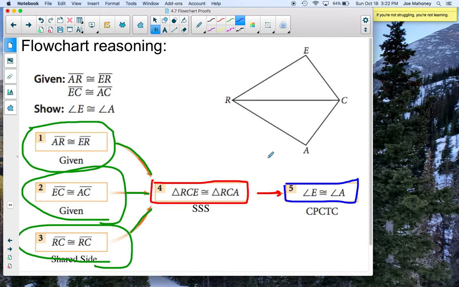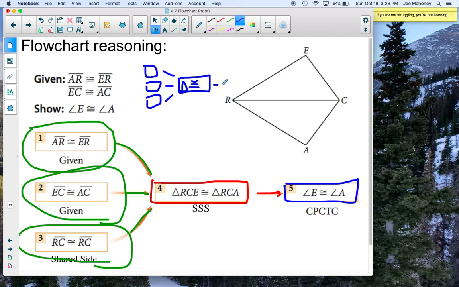So one thing that we're going to harp on a lot is the structure of these proofs. What I want you to notice is that it kind of looks like you have 1, 2, 3 things congruent. And then those 3 lead you into congruent triangles.